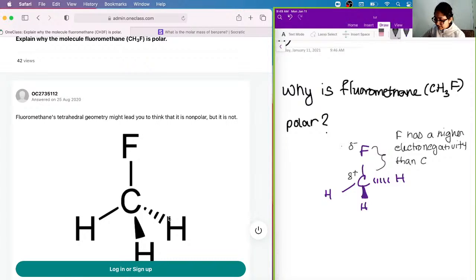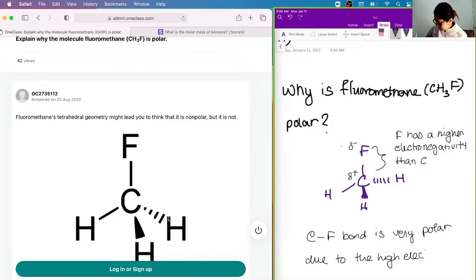It's because the carbon fluorine bond is very polar, due to a high electronegativity difference between fluorine and carbon.